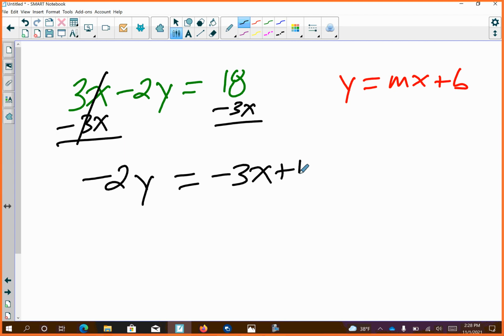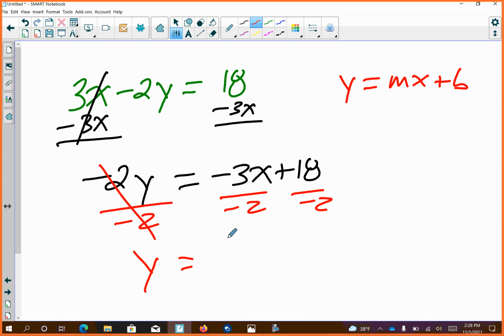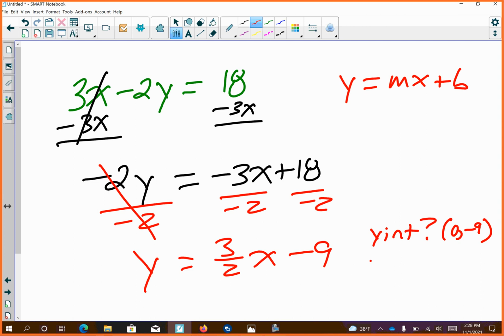No. So they're just added, because that's positive 18. Can I divide everything by negative 2? So y equals negative over negative is positive, right? Minus 9. Do I know the y-intercept now? It's 0, negative 9. Do I know the slope now? The slope is 3 over 2.